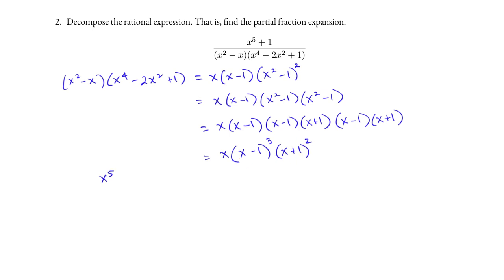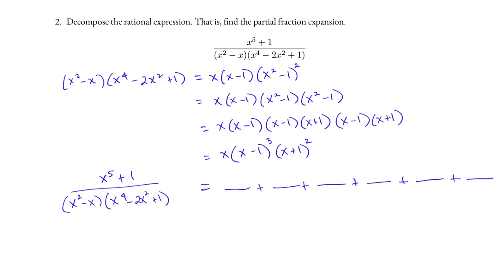To set up the partial fraction decomposition for the given rational expression, we see that there are 1, 2, 3, 4, 5, 6 factors in the denominator, so we would need 6 terms.